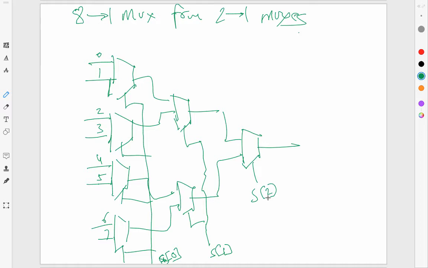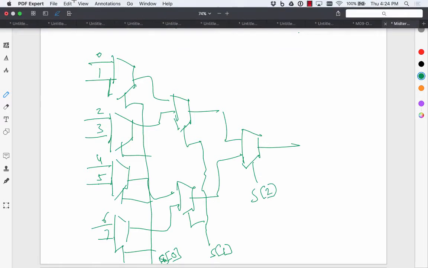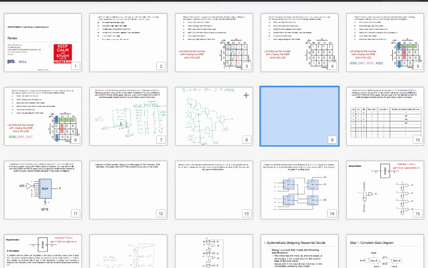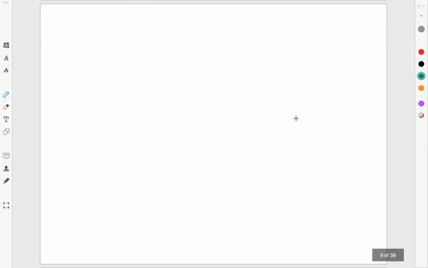So you can make multiplexers using buffers. That's the other way we discussed in the lectures. If you recall, buffers take their input and push it to the output, except there is some sort of an enable signal.